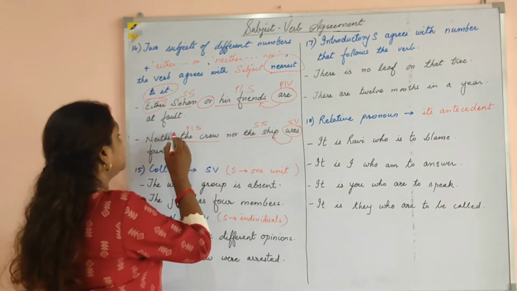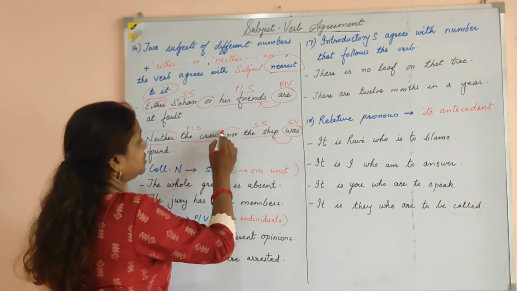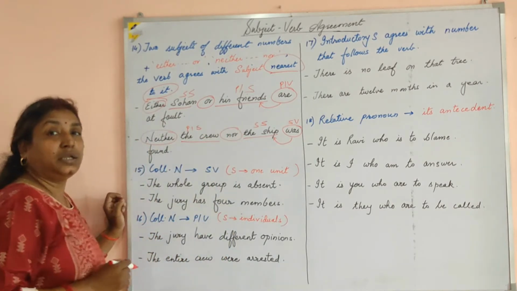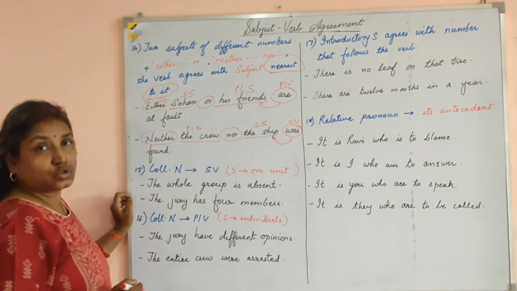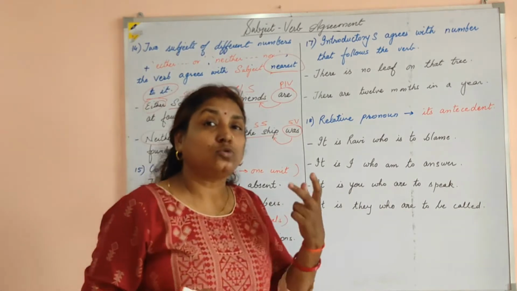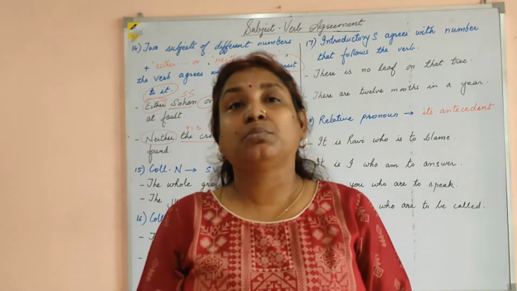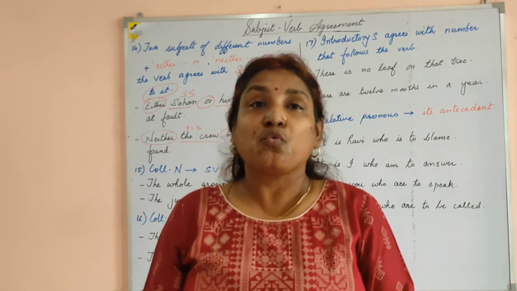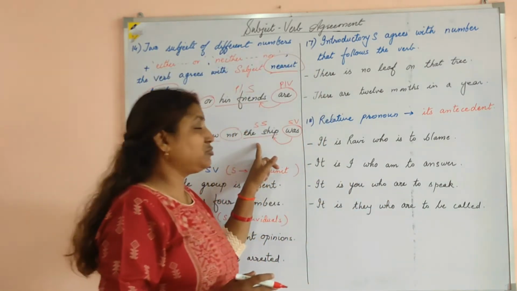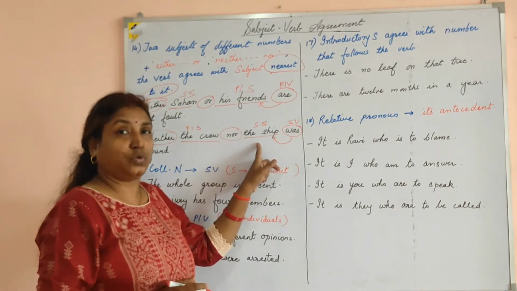In this sentence, both the subjects are joined by neither nor. So in such cases where I have two subjects of different numbers, the verb agrees in number, person and tense with the subject nearest to it.